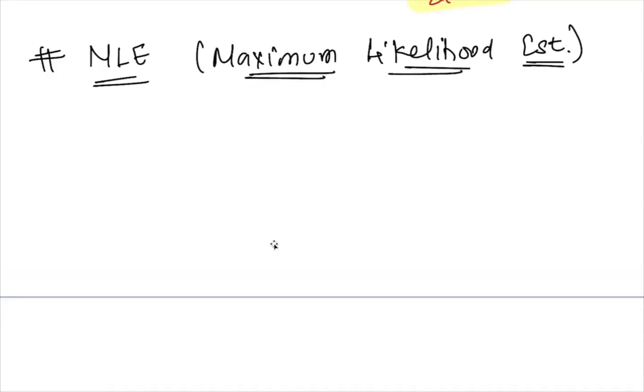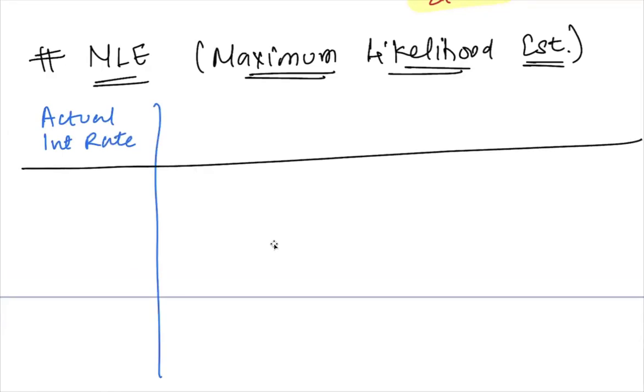See, the very first step is we'll have the actual data. We'll have the actual interest rates from the market. We'll basically download the actual interest rates from the market.